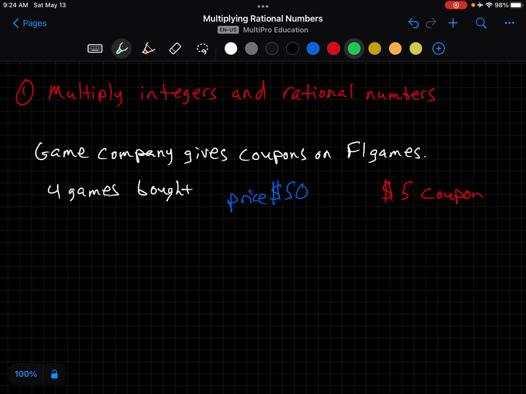So let's see how much money these people saved. So we have minus $5 plus minus $5 plus minus $5 plus minus $5.